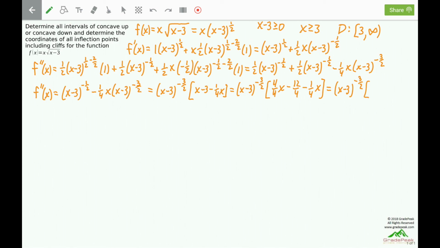We can combine like terms together. We have 4 over 4x minus 1 over 4x. 4 minus 1 is 3, so we have 3 over 4x, and then minus a 12 over 4.